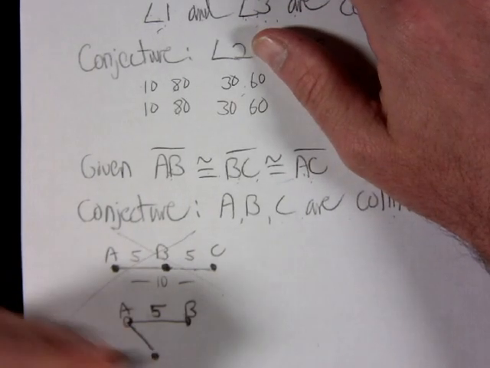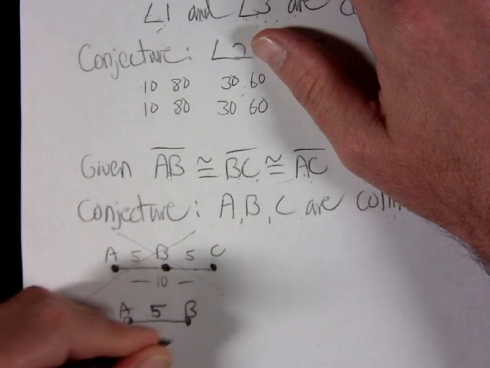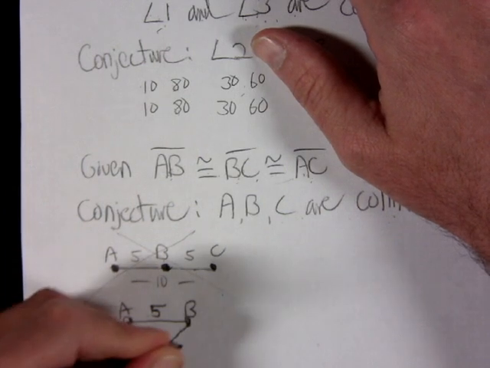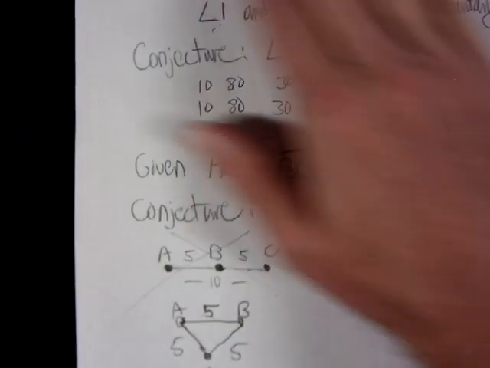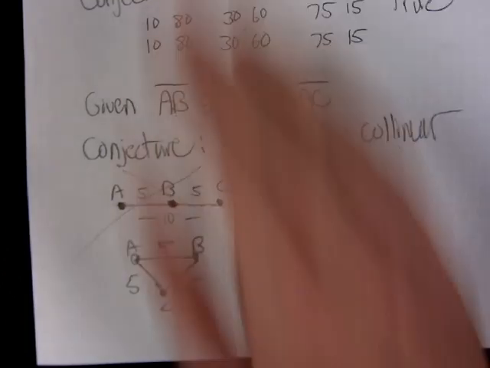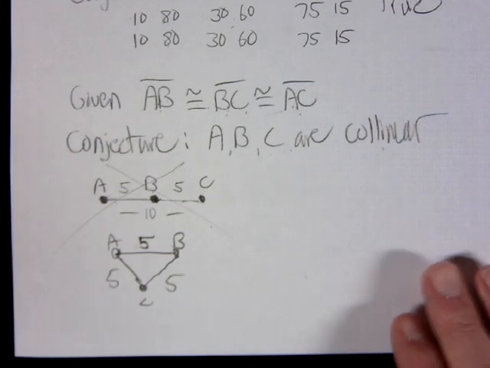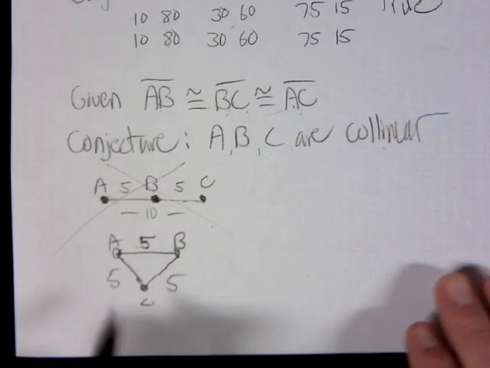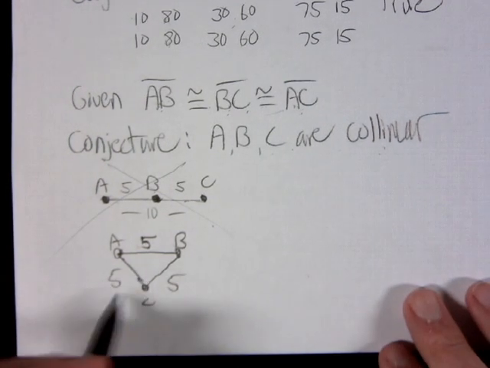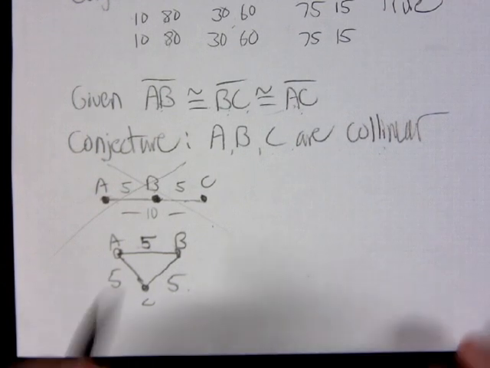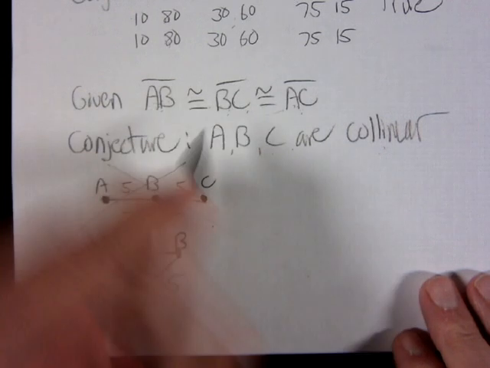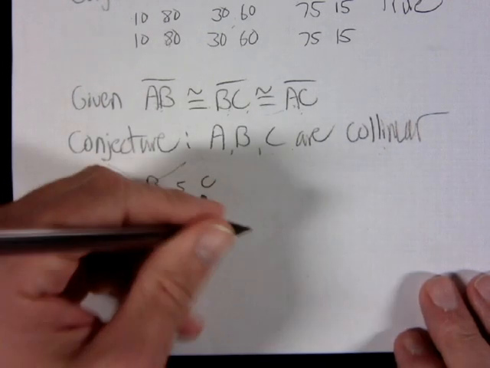So I would have to put C here, and that would be the only way that I could actually get them to be the same length, which means that there's no way that I can get them to line up in a collinear fashion and still make the lengths the same. It wouldn't work. There's no way. And so what that means is that this statement, this conjecture is false.